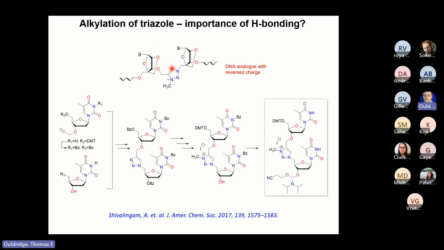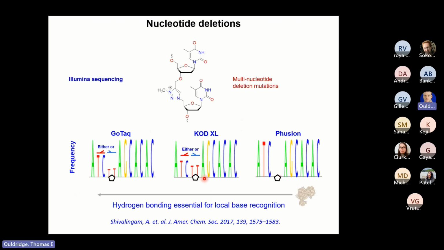We synthesized a DNA strand which had a methylated triazole. We did it by making a phosphoramidite monomer and making the DNA strand with a methylated triazole. And we studied the properties of the methylated triazole compared to the unmethylated triazole. So we wanted to see what effect blocking that nitrogen atom has on the polymerase.